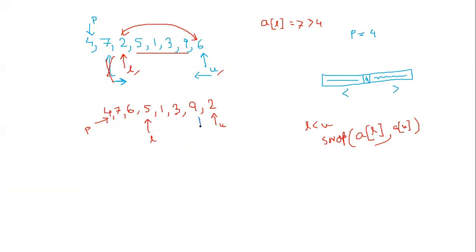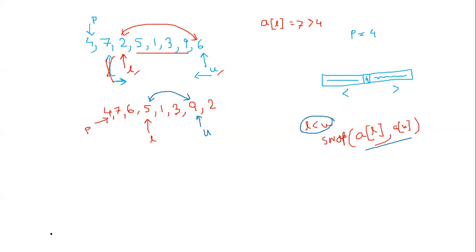U will basically stop again over here, because this 9 is again greater than the 4, right? And what will happen? Again, I find that yes, L lesser than U is true. Yes, it is true. So again I will have a swap between A of L and A of U.